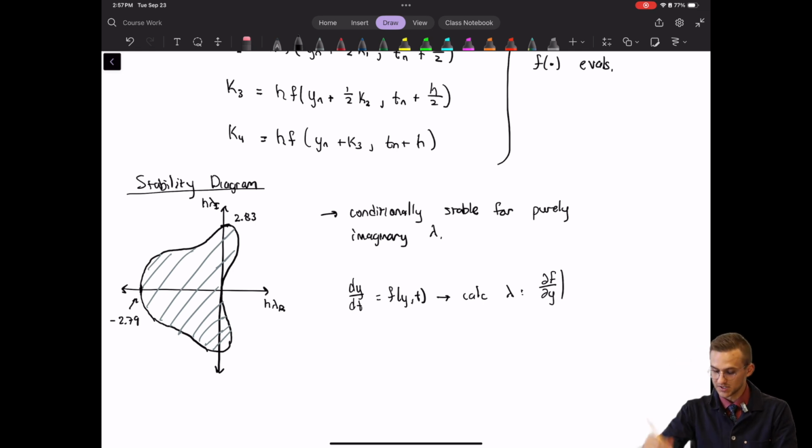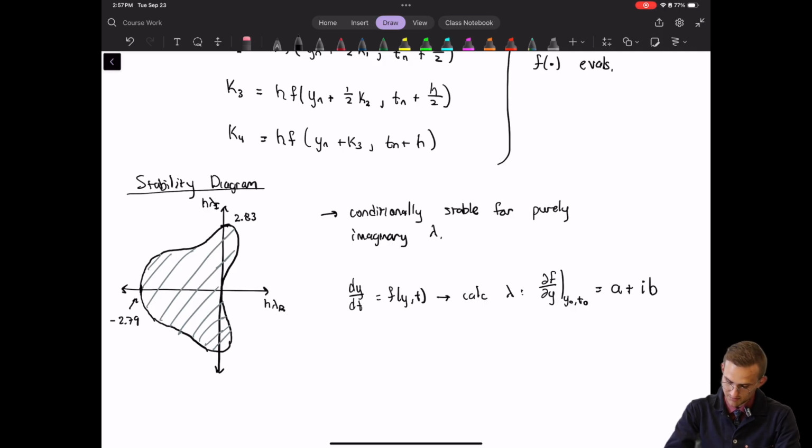It might be the initial condition, so usually it is. You're given the value of y at t0. So you evaluate that, and you get some value like a plus i times b. Let's say for the sake of argument that b is equal to 0 for now.